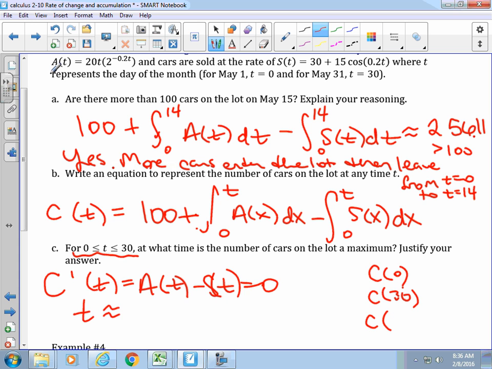21.043 is one of them. And the other one is 3.309. Is that what everyone got?